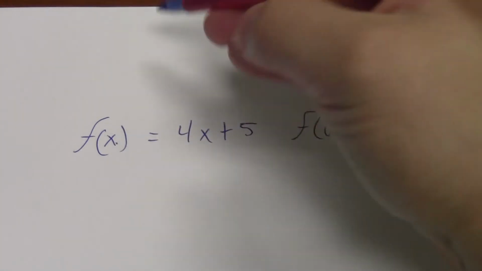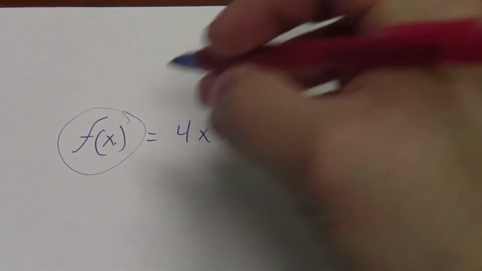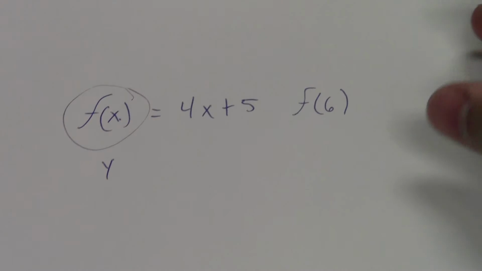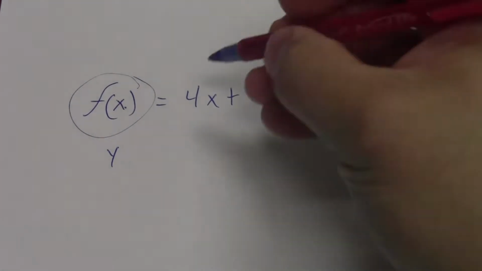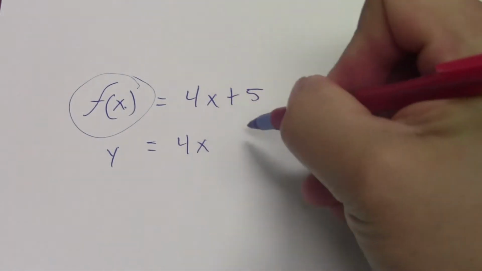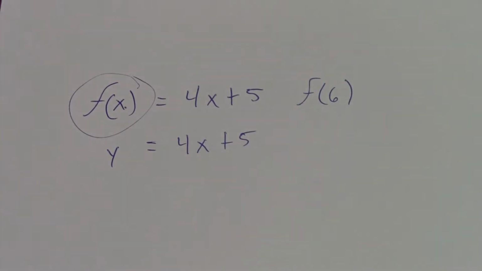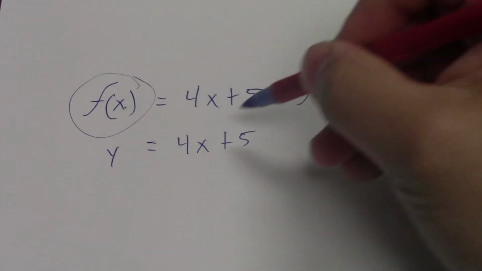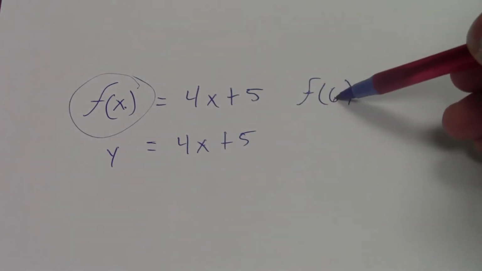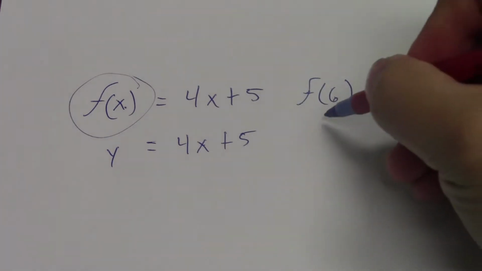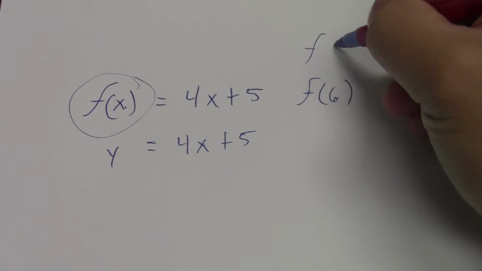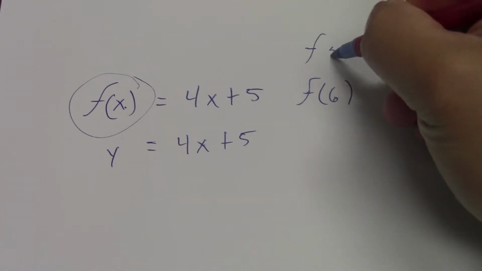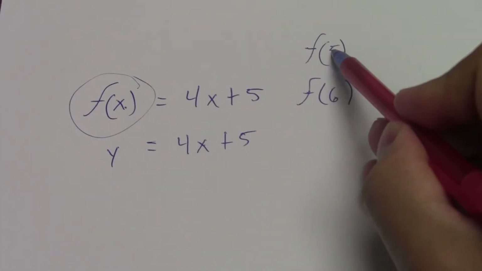This is y. Just change it to y and then you're good. So y is equal to 4x plus 5. All right, basically all we're doing is wherever you see an x in the equation, you put in whatever number they want. So if they had f of x is equal to 5, then we would put a 5 in there.